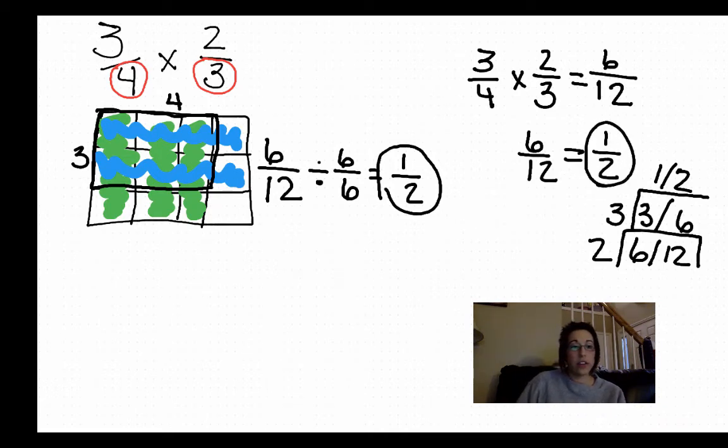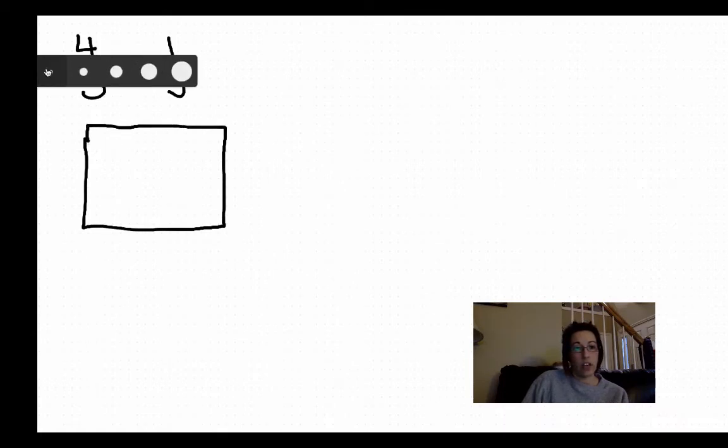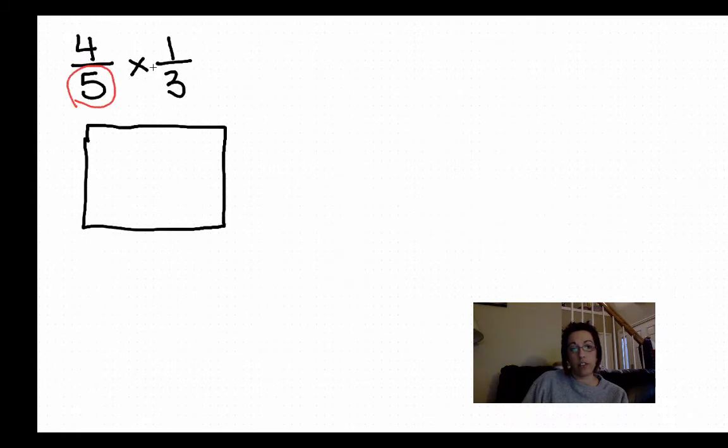So let's go ahead and clear the board here and we will try another example. Let's go 4/5 multiplied by 1/3. So again, I'm going to start and draw my box. I'm going to look at my denominators, which are 5 and 3.